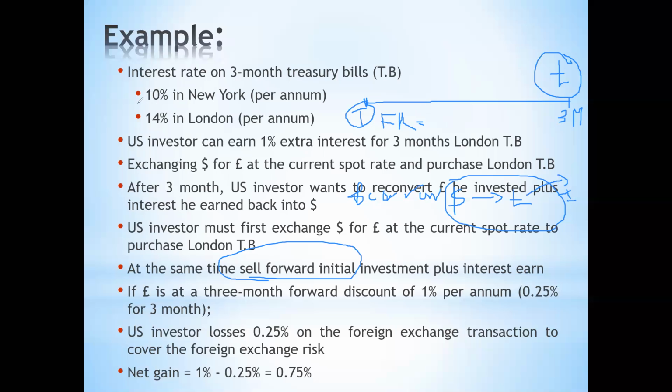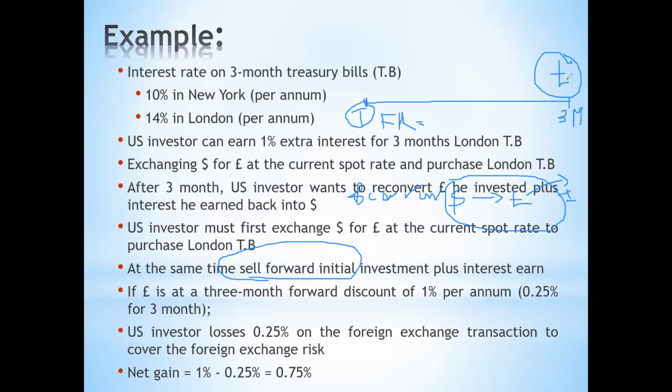Now you know the London market interest rate is high comparative to the USA market, right? If you go back to your third session and find the forward rate calculation, we are making adjustment based on the domestic currency interest rate and foreign currency interest rate.